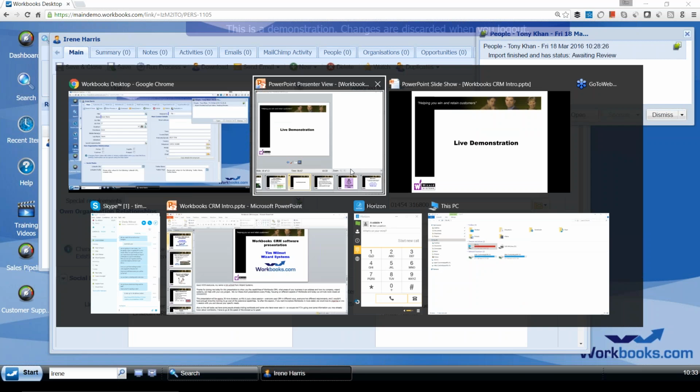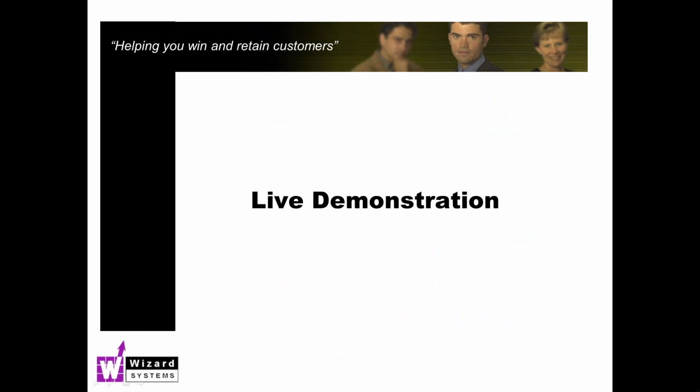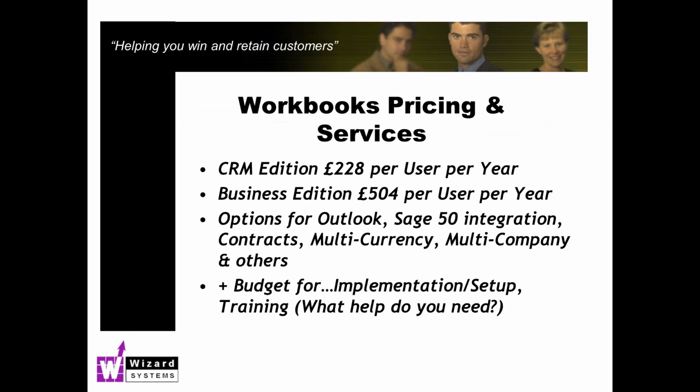What I'd like to do now is just finalize by going through pricing before we go into our Q&A session this morning. So just a quick overview of the pricing. You have an annual subscription with workbooks. There's the two different editions there. $228 per user plus VAT, $228 per user per year for CRM edition.